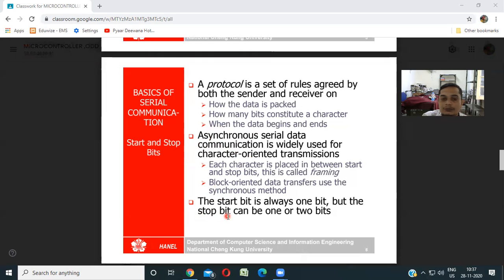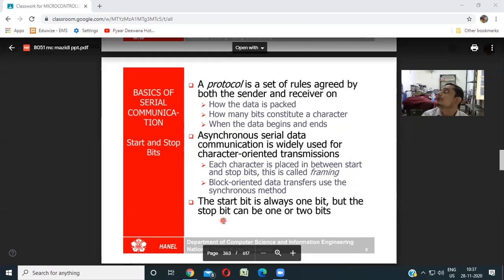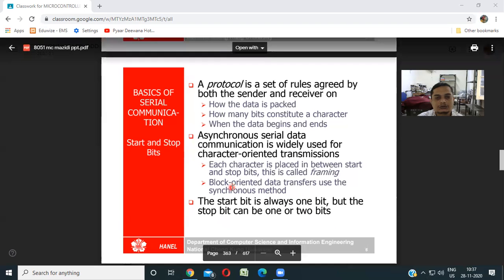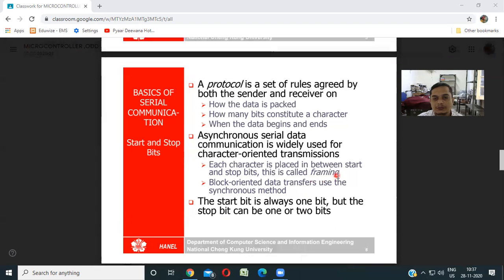The start bit is always 1 bit, but the stop bit can be 1 or 2 bits. We insert 1 bit at the beginning, and at the end, after D7, we may have 1 or 2 bits. So this is called framing. Please remember this is called framing.